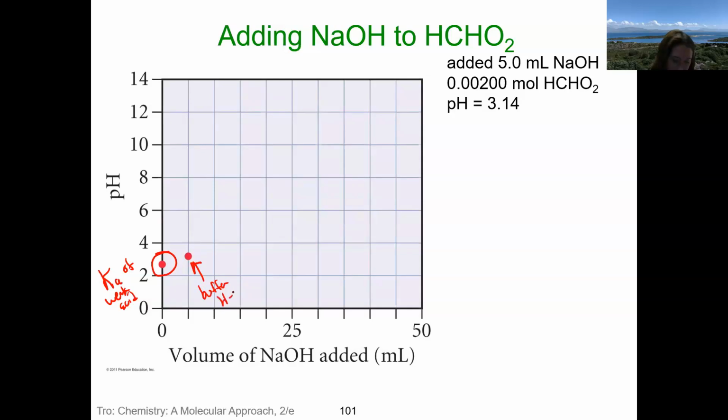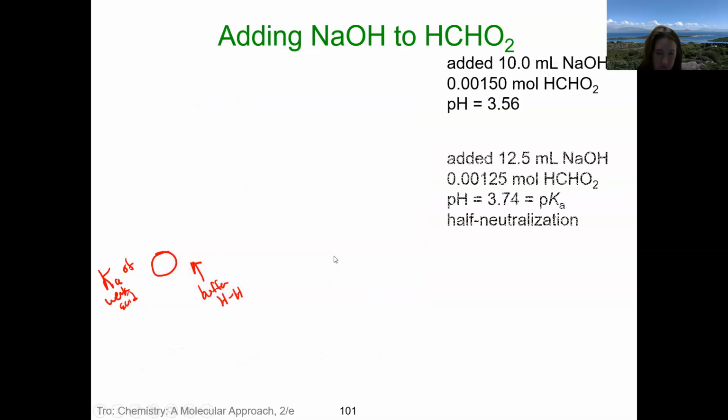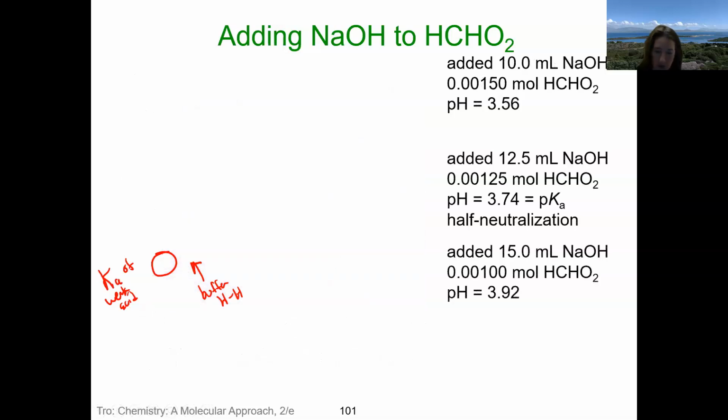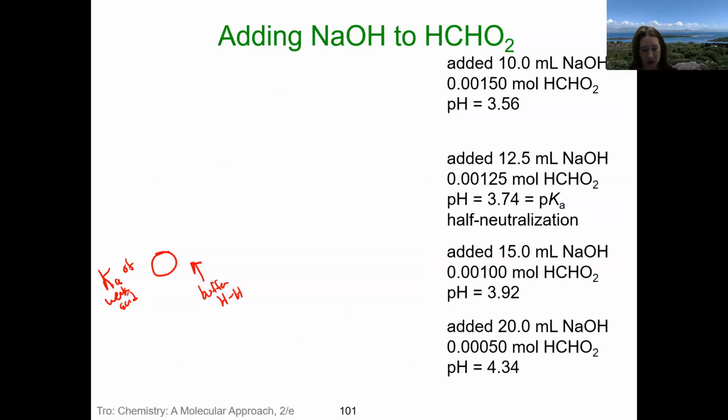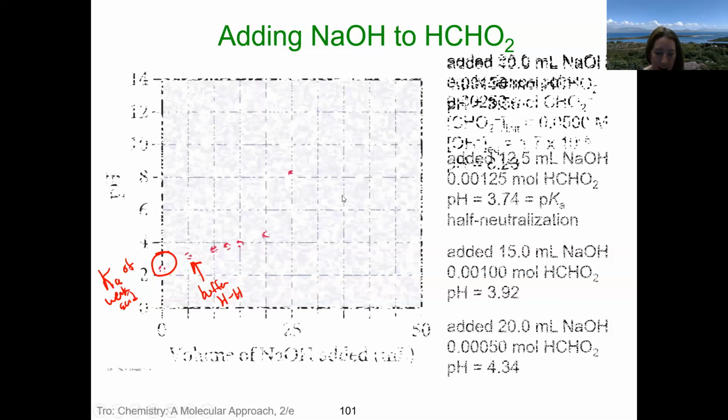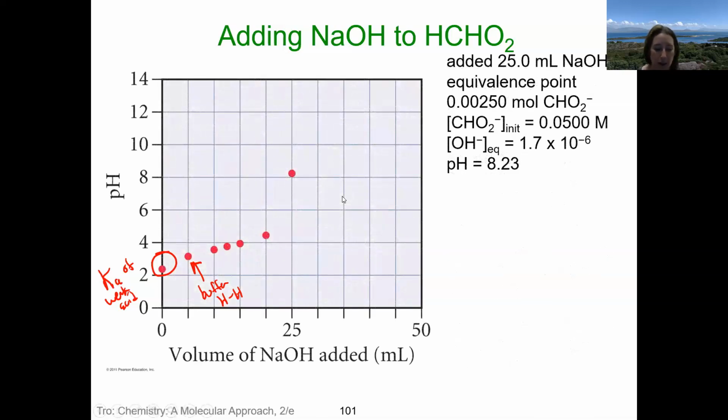We used HH. So before our equivalence point, with a little bit of base added, we found our pH using a buffer, Henderson-Hasselbalch. Oh, this part we didn't do, the half neutralization, but we'll come back to this one later, the half neutralization point.